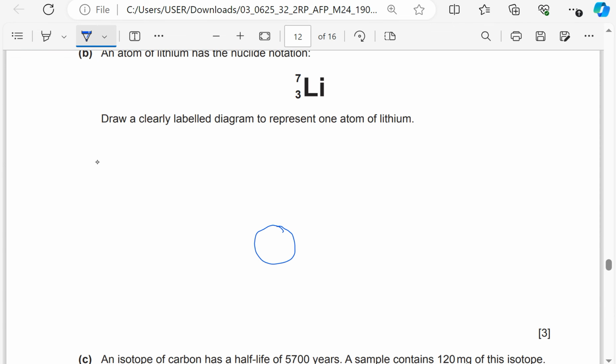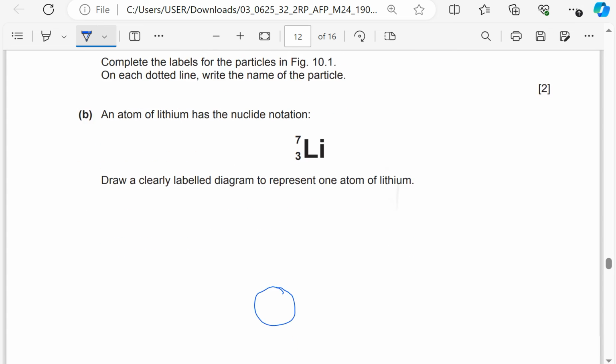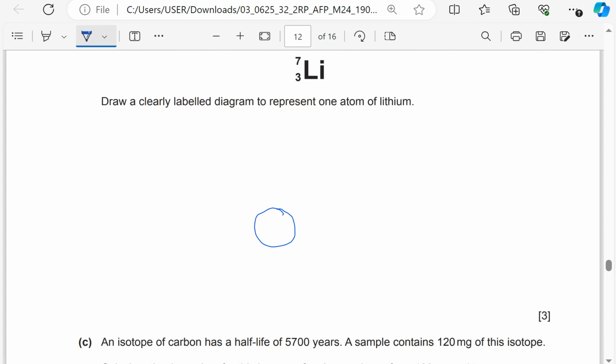Here protons were white, neutrons were dark, so I'll use a different notation. Let me shade the protons. That's 1, that's 2, that's 3. There are 3 protons.